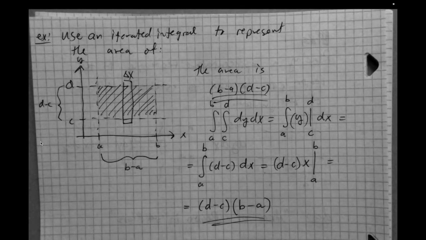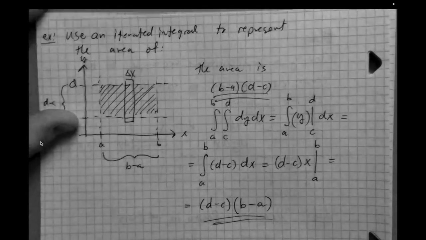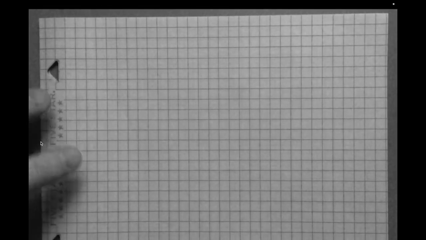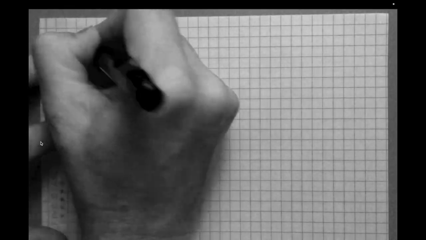Okay, let's take a look at a much more challenging example. And I think I'll switch pages for this one, because I'm going to draw this picture and I want to be able to reference it. So here's a more challenging version.